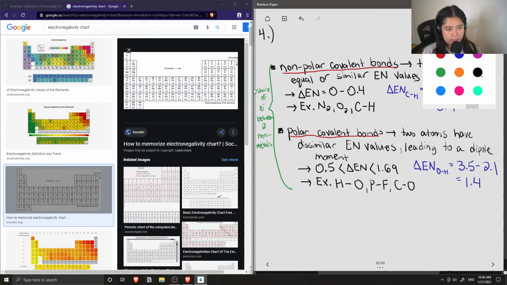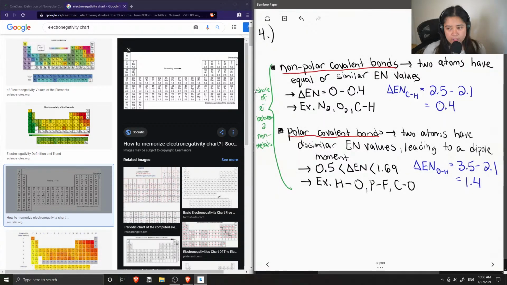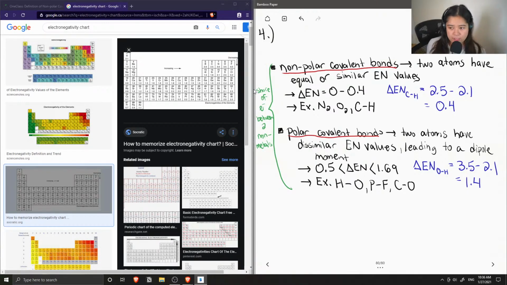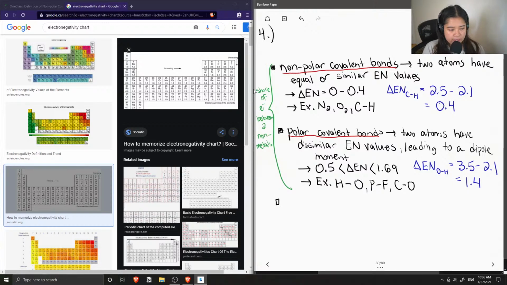And that's why this difference in electronegativity helps us distinguish whether or not a bond is nonpolar or polar, because we can also have something called an ionic bond, which is between a metal and a nonmetal.